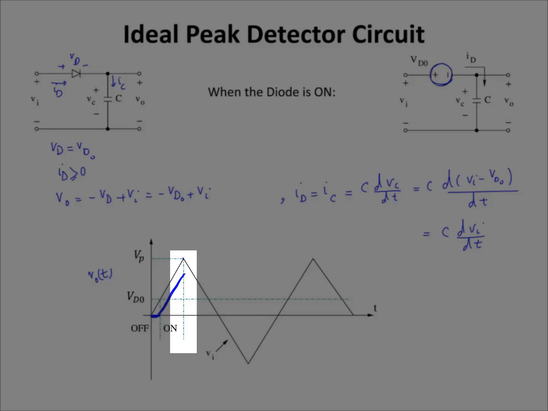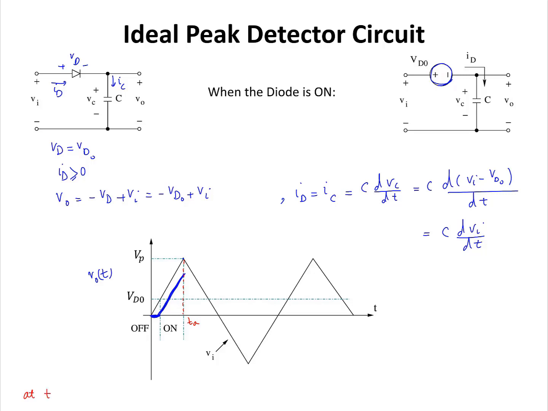Now at this time point that I'm going to label as T sub a, at t equal to T sub a, I have Vi equal to its peak value, V peak, and Vc equals V peak minus Vd sub 0.